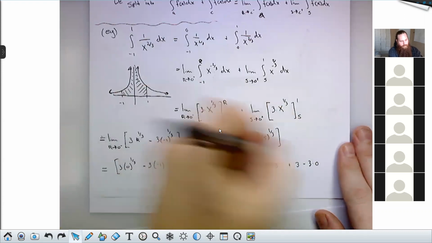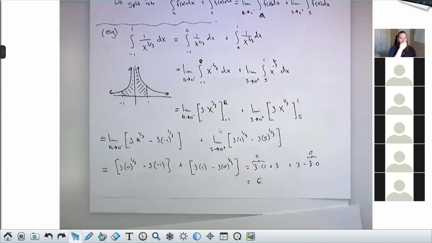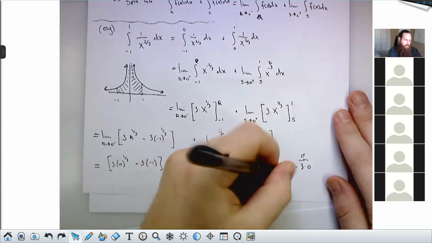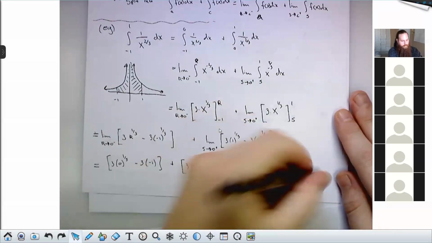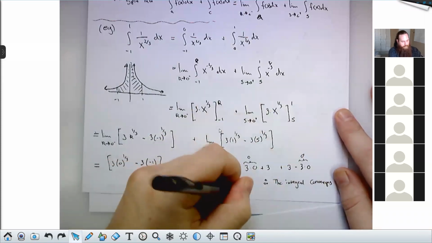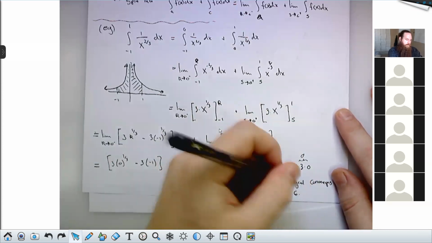This piece is 0, this piece is 0. So you get 3 plus 3, or 6. So here, this integral converges. And its value is 6.